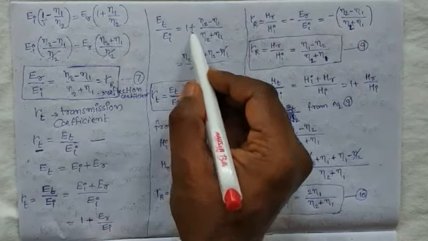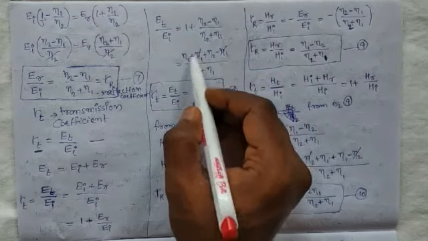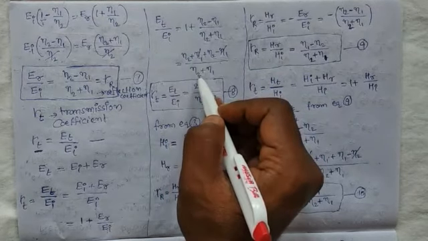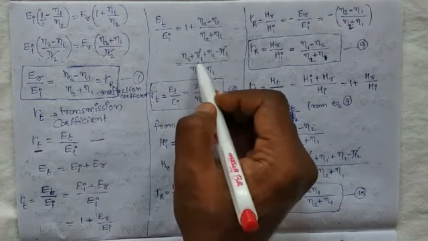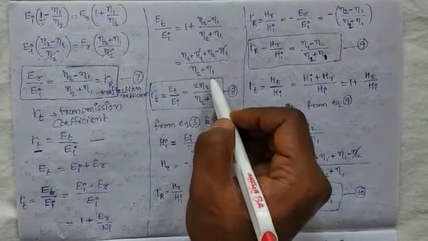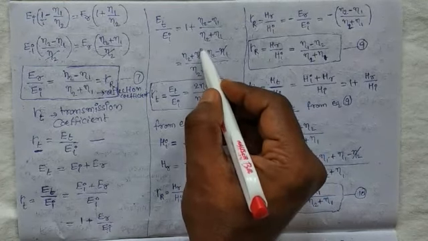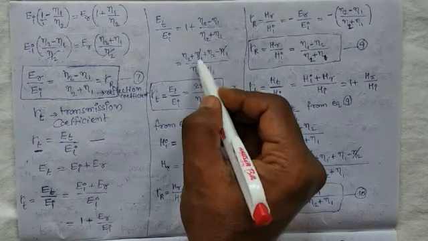Here 1 plus (eta 2 minus eta 1) by (eta 2 plus eta 1). Here we are performing LCM: (eta 2 plus eta 1) plus (eta 2 minus eta 1) by (eta 2 plus eta 1). Here plus eta 1 and minus eta 1 get cancelled.